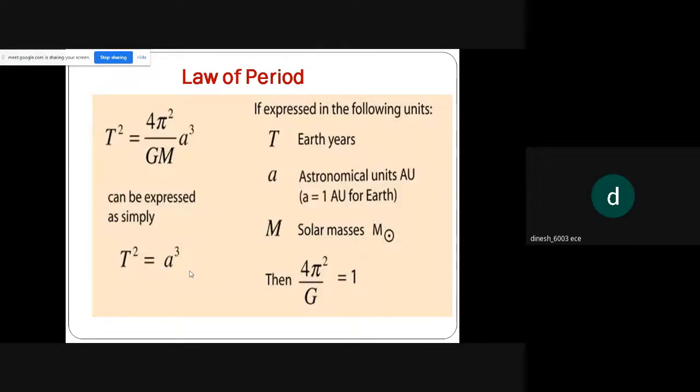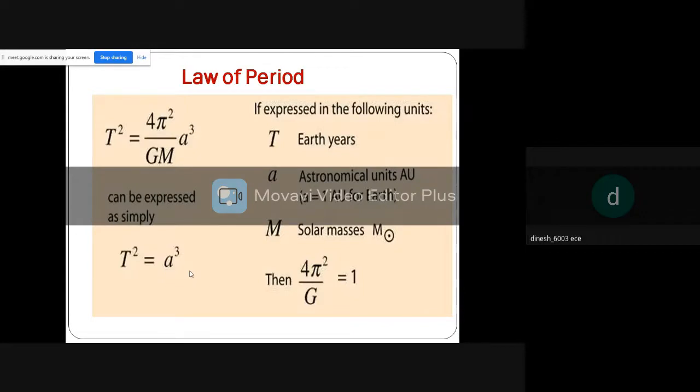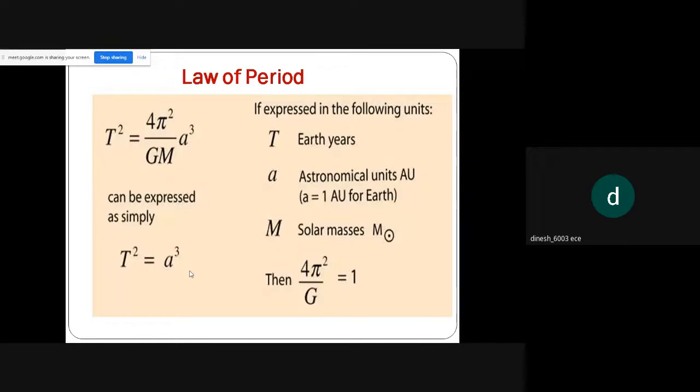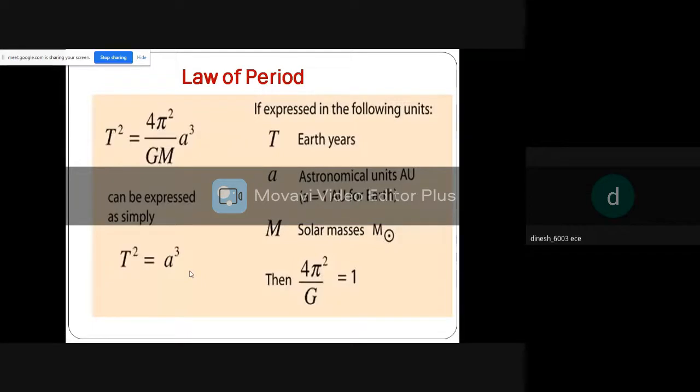T is the computation calculated with respect to Earth years, because we are manipulating everything with respect to Earth, as mankind has been defining all those things. A cube is in astronomical units, measured for the semi-major axis, and the constant mu we wrote, right?